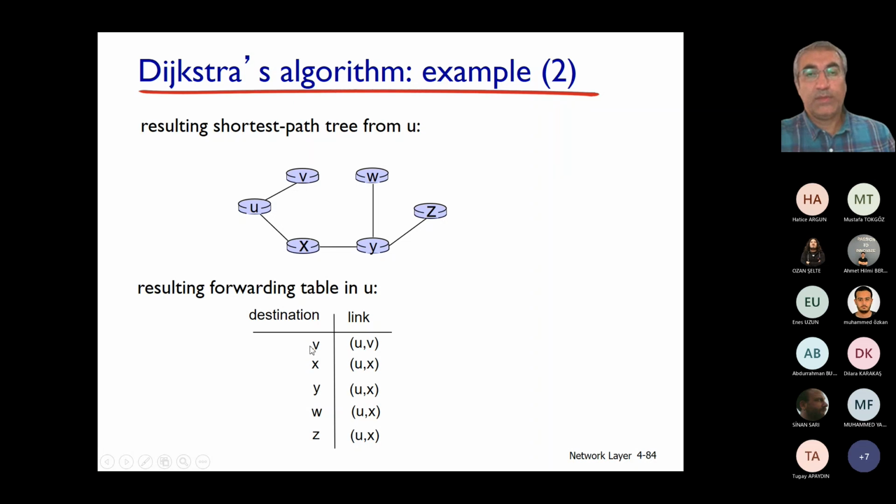If you want to reach X, you need to follow the UX link. If you want to reach Y, you need to go through X, UX again. So this is how the forwarding table that we constructed together looks. Any questions so far?